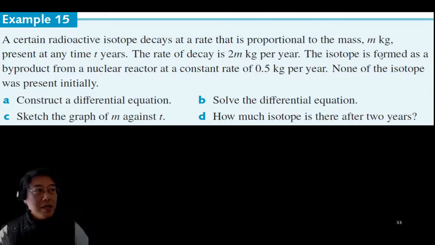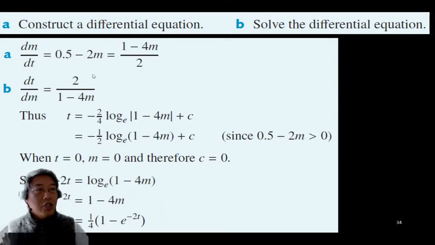But what happens is the isotope is formed as a byproduct from a nuclear reactor at the constant rate of 0.5 kilogram per year. So your rate of change is also increasing by 0.5. So your differential equation, which is your rate of change, has an increase of 0.5 per year, and that's the proportional decay.